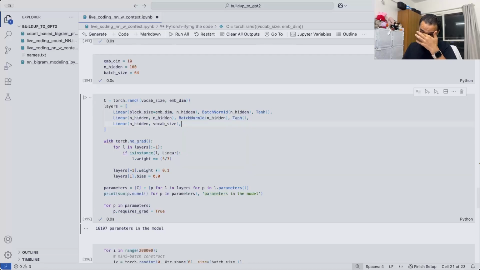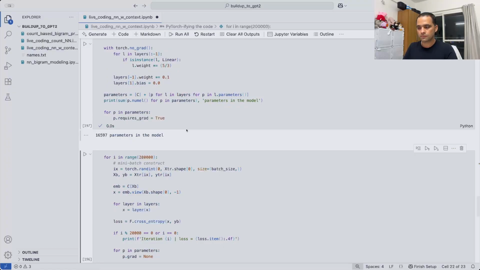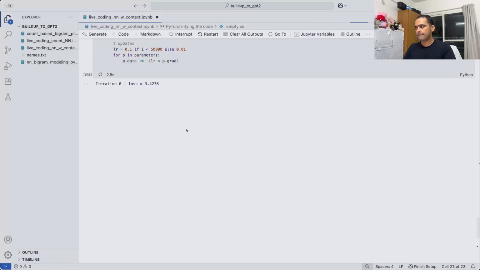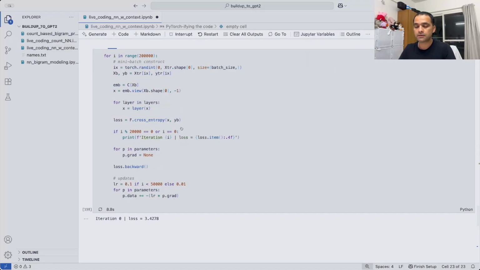So in both these layers we would have batch norm, not in the last layer because we are not doing any activations there. All right, I'll just let it run for a few minutes.